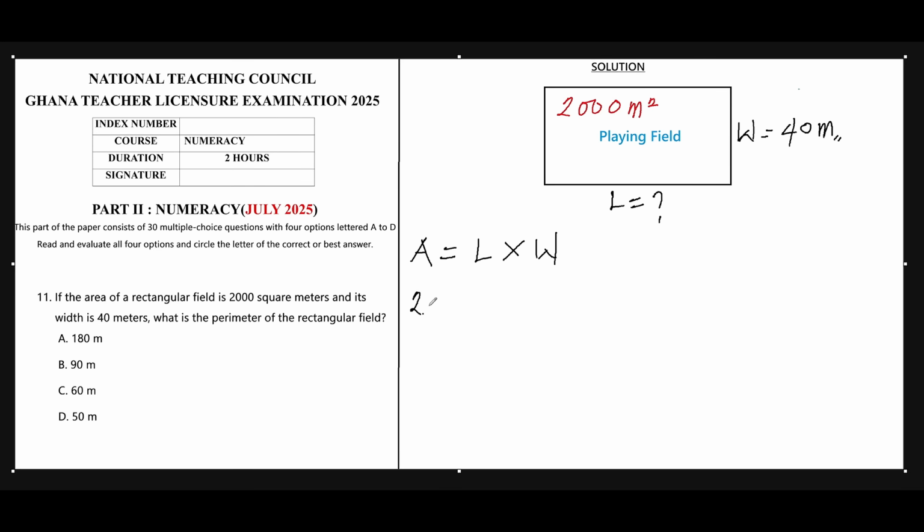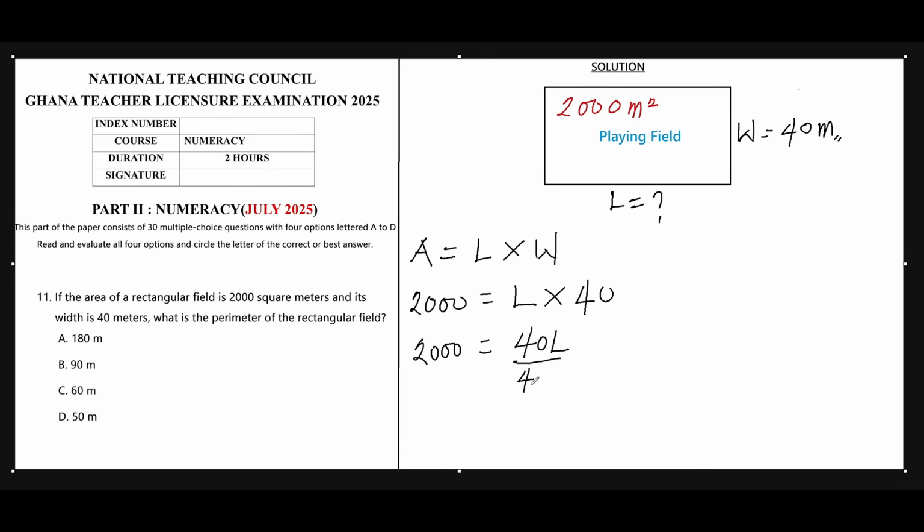Now the area is giving us 2000 square meters. We don't know the length, but we know the width as 40. So we have 2000 being equal to L multiplied by 40, that is 40 L.